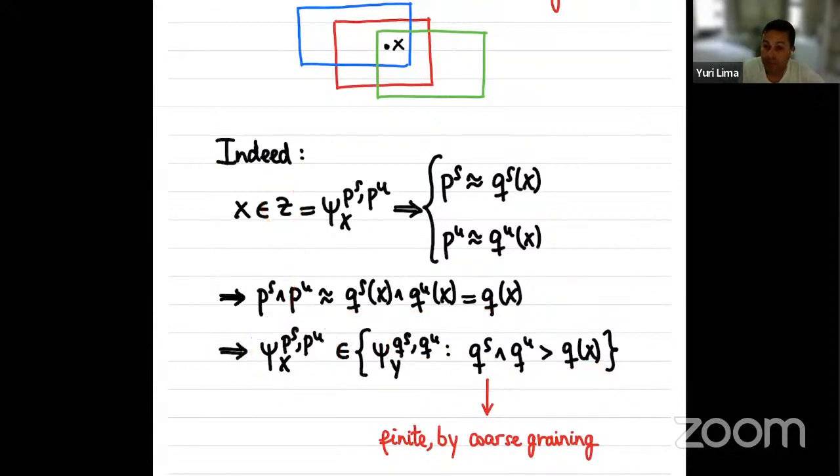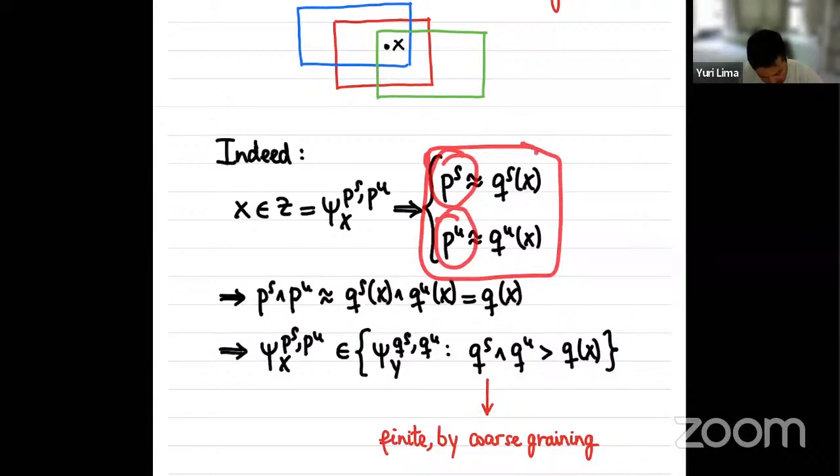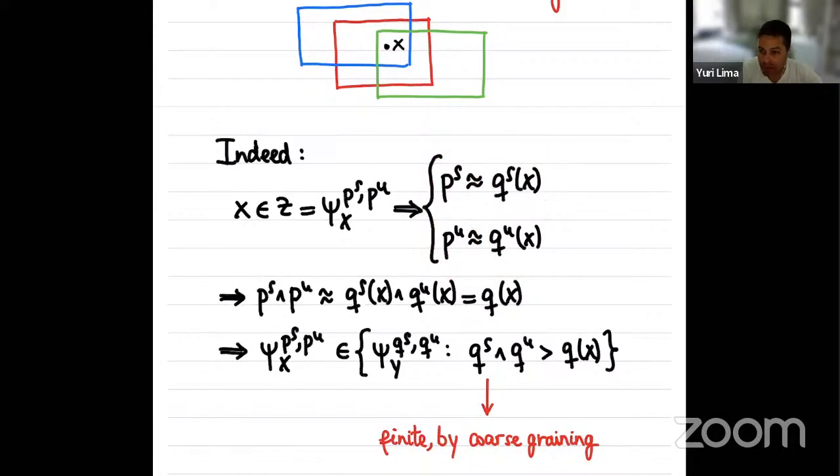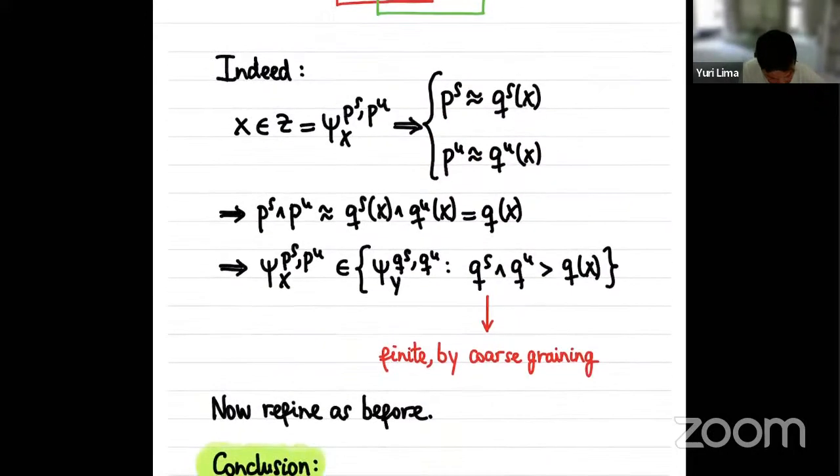Okay? So the discreteness assumption, together with the inverse theorem, which is what allows us to relate the parameters of the charts with the parameters of the shadowed point, is telling us that this cover is locally finite. And so we refine as before.